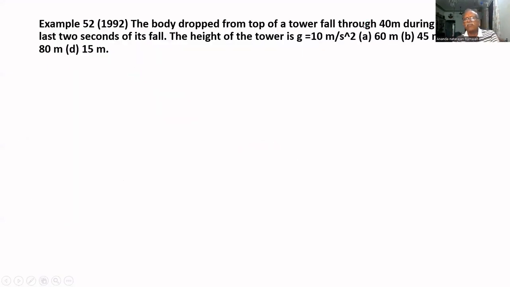The body dropped from the top of a tower falls through 40 meter during the last 2 seconds of its fall. Dropped means the tower height is H, u equal to 0.